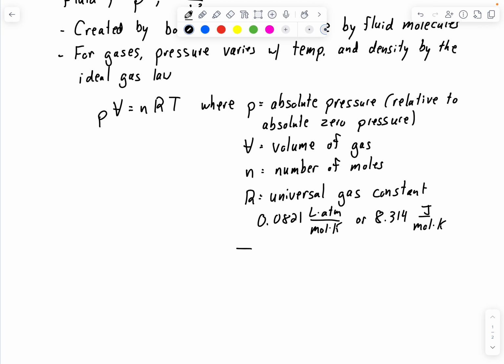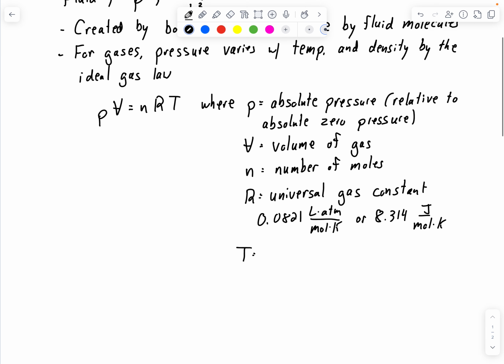And then finally we have T, which is your absolute temperature in Kelvin. Just to refresh your memory, degrees Kelvin is equal to degrees Celsius plus 273.15. So this is the standard expression of the ideal gas law.